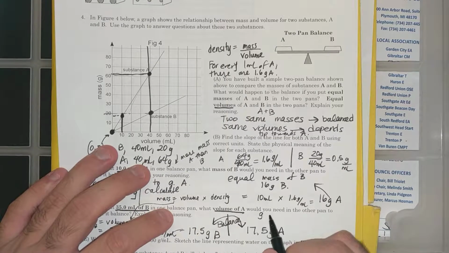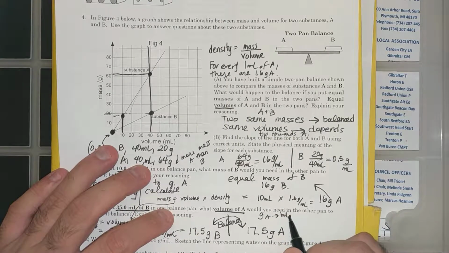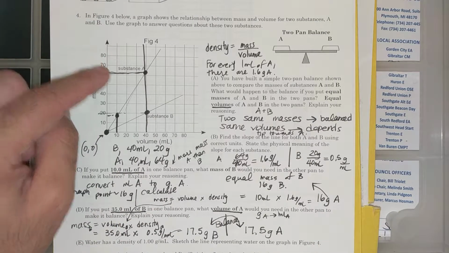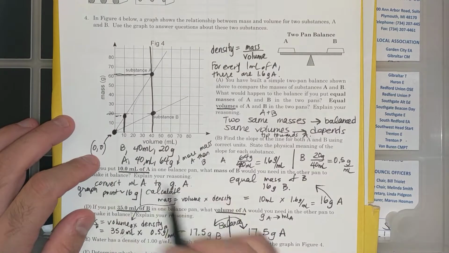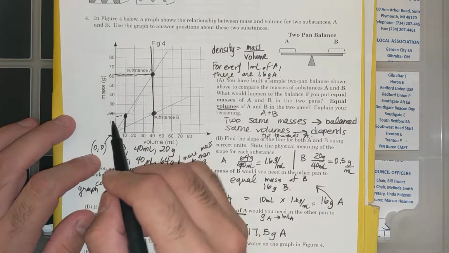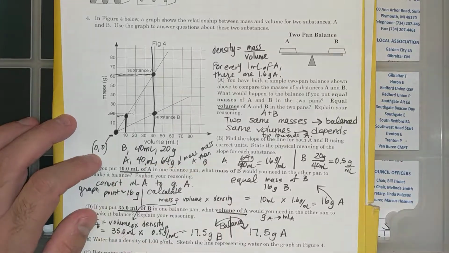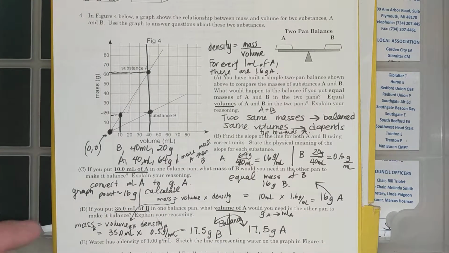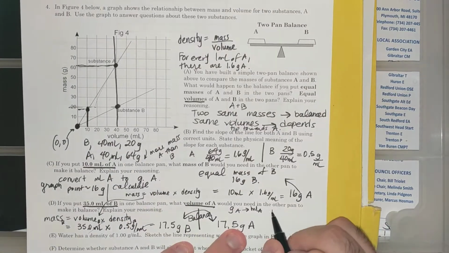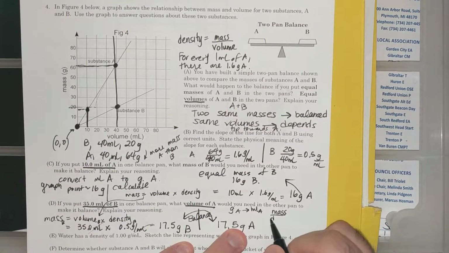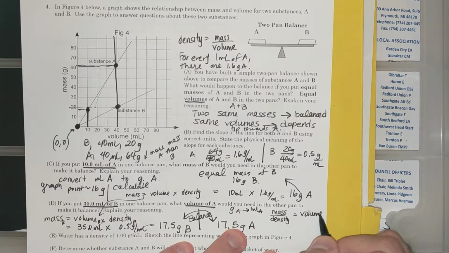To go from grams of A to volume or milliliters of A, I could either look on the graph or I could calculate this. If I have 17.5 grams of A, if I look on the graph, I'm probably at about maybe 10 or 11 milliliters, okay? And that's kind of up here. If I want to calculate this, mass divided by density is equal to volume.